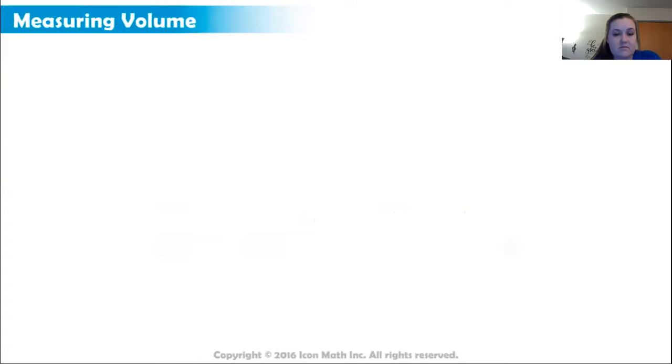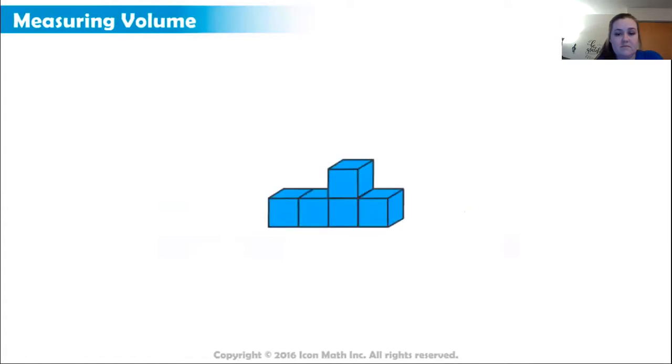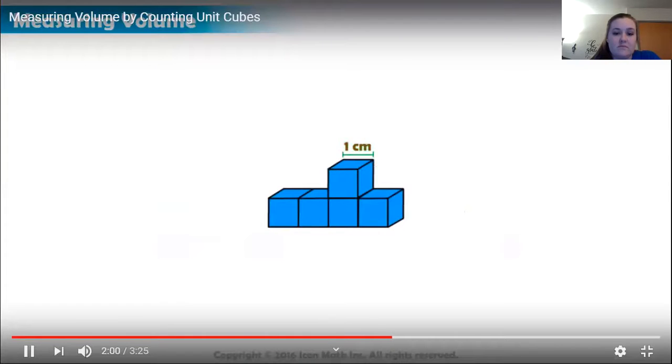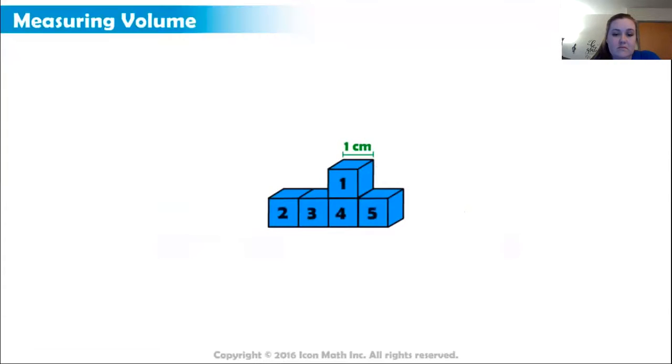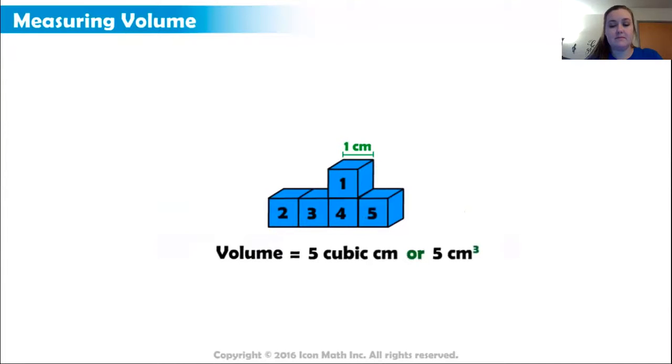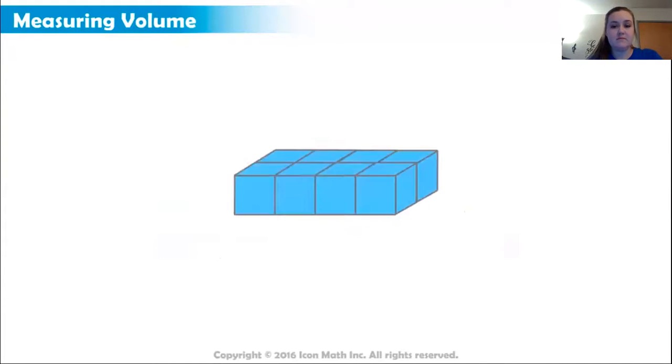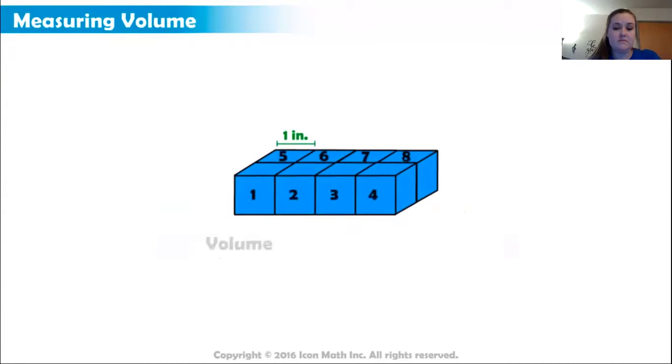Let's try to determine the volume of the following figures. The first figure is made of 1 centimeter cubes. There are 5 of these 1 centimeter cubes that form it. So its volume is 5 cubic centimeters, or 5 centimeters cubed. The second figure is made of 1-inch cubes. There are 8 cubes that form the figure, so its volume is 8 cubic inches, or 8 inches cubed.